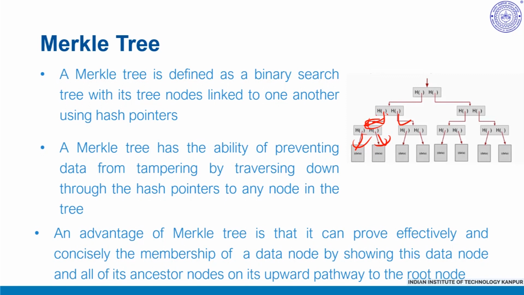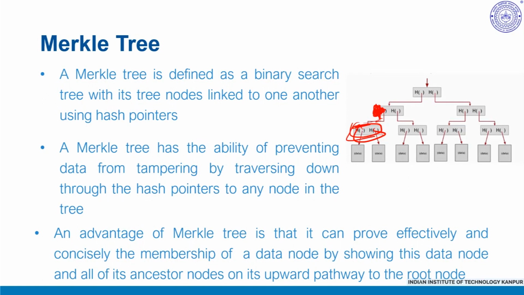Specifically, when an adversary tries to tamper with the data, maybe here, here, here, or here, at any of these leaf nodes or here, it will cause a change in the hash value of its parent node. So if you change data here, the hash value will not match with the hash value at the parent.